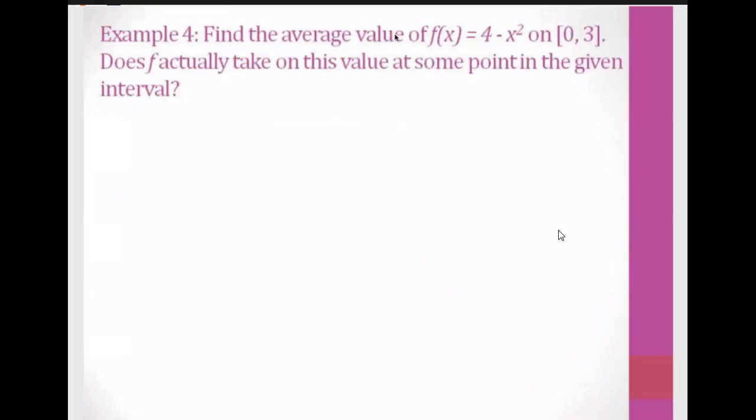So it says find the average value for the function f of x equals 4 minus x squared. That represents a quadratic reflected and shifted up 4 units. It's open down because of the negative.